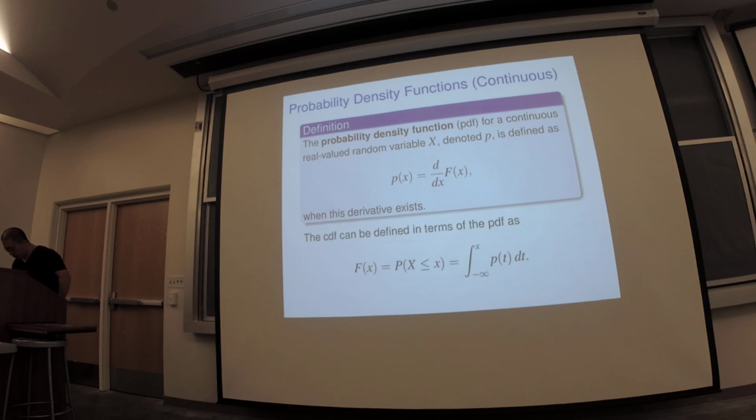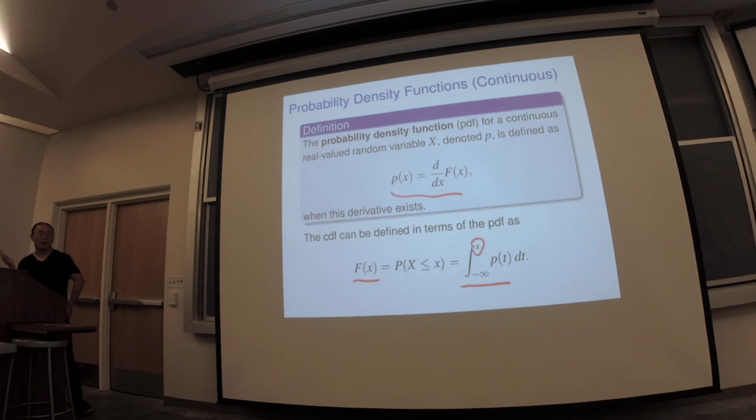Now, the probability density function. If your CDF is continuous, then we can take a derivative over the input x, and you get the probability density function. And then we can rewrite the CDF as an integral over the PDF, the probability density function, where the upper limit of the integral is the input x.